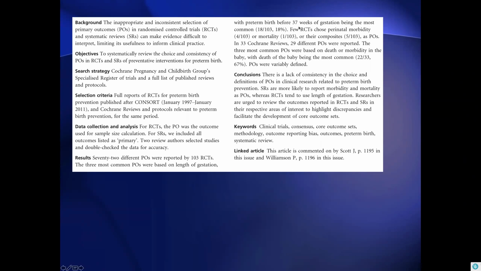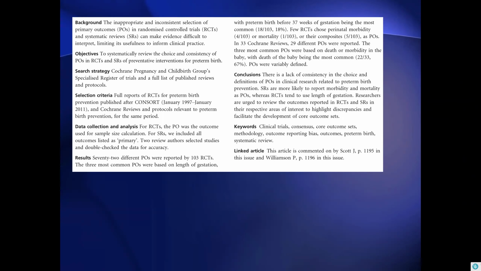So when they reviewed trials that had looked at interventions for the prevention of preterm birth, only 18% actually reported preterm birth as the primary outcome measure. It does make you wonder what the studies might have been reporting. And indeed, lots of the outcomes that people were reporting was birth at varying gestational ages, because of the absence of a standardized set of outcomes that should be reported.